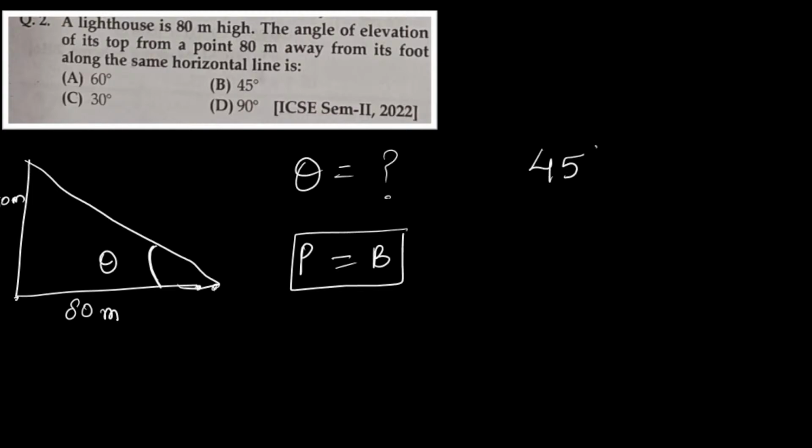You have to remember this without solving because we are doing MCQs, so wherever possible, use shortcuts. Whenever perpendicular equals base, the angle of elevation is 45 degrees. So directly you can mention it. Option B is the correct answer.